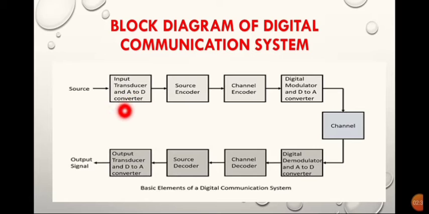In the same block we have the A to D converter, that is the analog to digital converter. As we are studying the digital communication system, the signal which we want to transmit must be digital. So the input information which is in analog form can be converted into digital by using the A to D converter, that is the analog to digital converter.